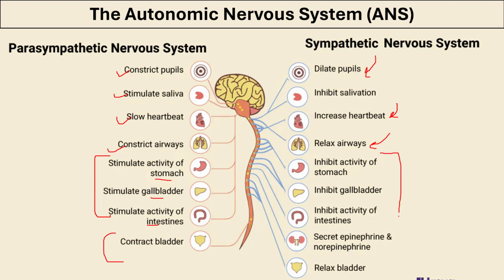At that time, we are not really concerned with the digestion process or excretory process. That's why the functions of the alimentary canal are reduced, and salivation is also reduced because our resting, digesting, and enjoying phase is suppressed, and our fight and flight responses are more active in sympathetic responses.